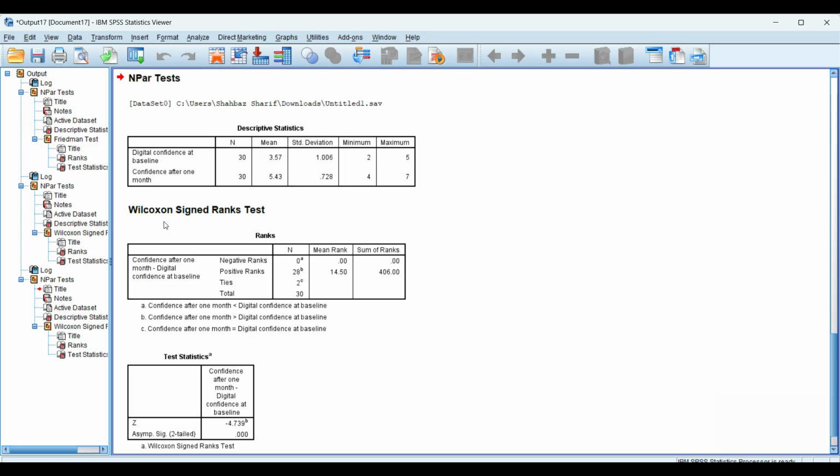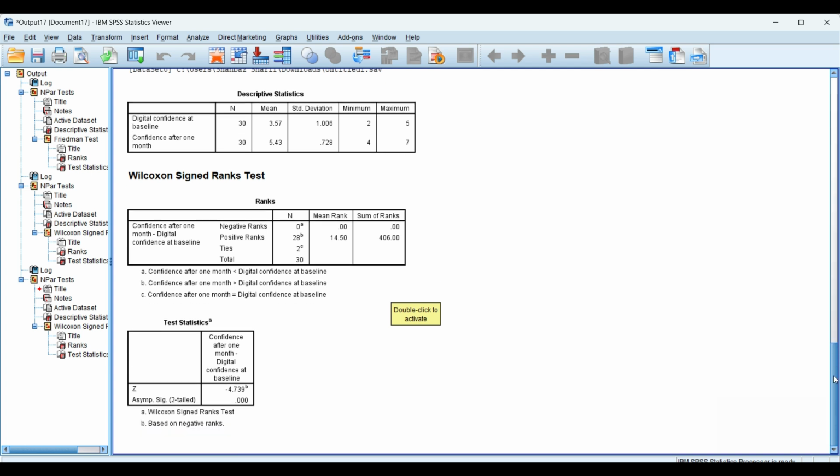So we see the Wilcoxon signed rank test ranks. So you can see here 28 participants reported higher change and higher improvement, 0 reported decline and 2 reported no change.